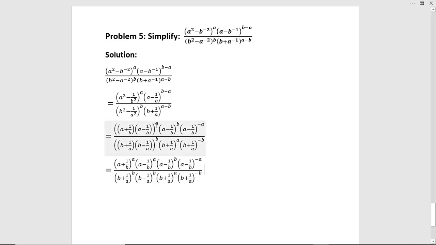In the next line, this power a is distributed over these two, that is a plus 1 by b whole to the power a and a minus 1 by b whole to the power a. Also this whole to the power b is distributed over the multiplied terms, b plus 1 by a whole to the power b and b minus 1 by a whole to the power b, and the remaining are kept as they were.